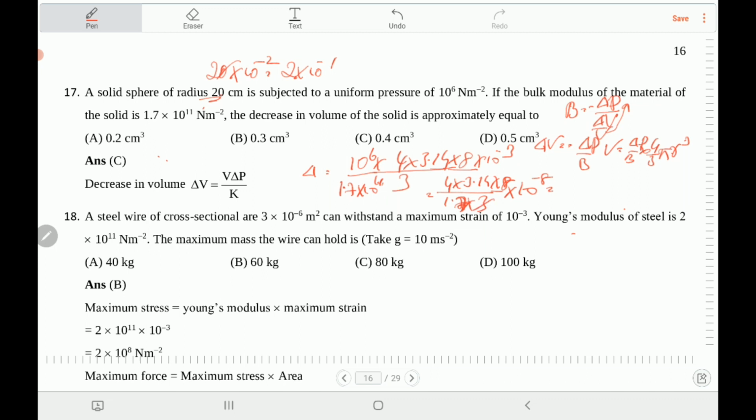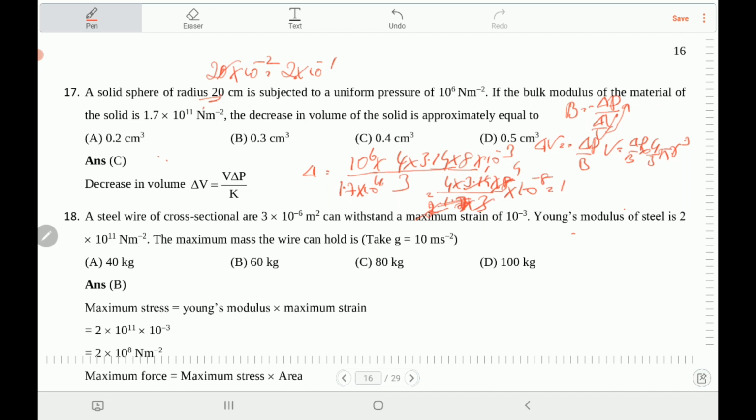So 3 ones are slightly more than 1. Okay, no problem. 1.7 is nearly 2. Let's round off to a higher value. Taking a higher value, nearly 2, and dividing, the answer will be lesser than the actual. That's why we can easily guess. 2 4s are... actually it is a bit more than 4, 4.2. 4 4s are 16.